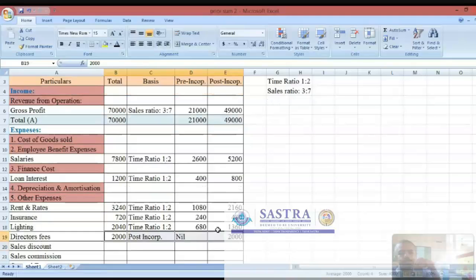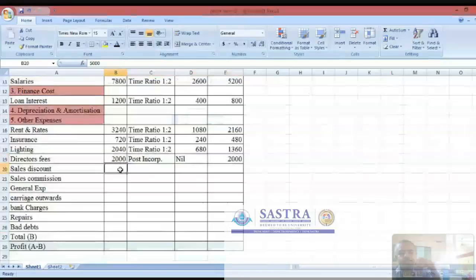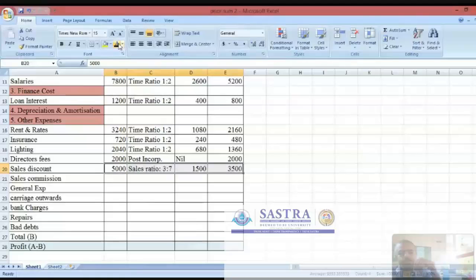Sales discount, and any expenses related to sales, will be distributed according to the sales ratio. Sales discount is distributed according to pre and post incorporation as 1500 and 3500.